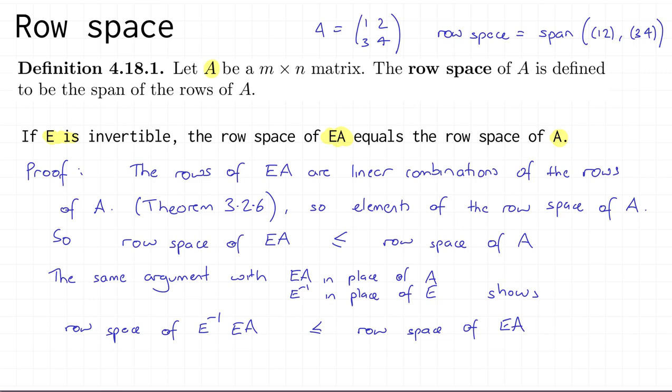What you've got there is A. So we've seen that the row space of EA is a subspace of the row space of A, and the row space of A is a subspace of the row space of EA, so they're equal. Multiplying on the left by an invertible matrix doesn't change the row space, and in particular, doing row operations doesn't change the row space. So let's make this comment.